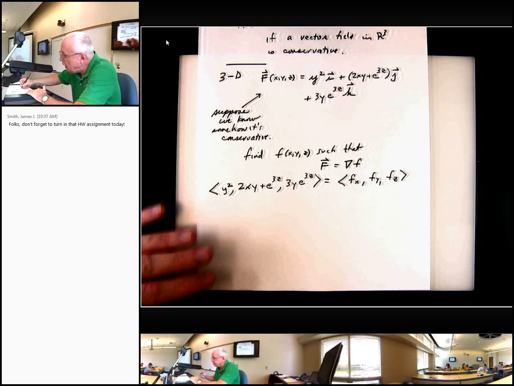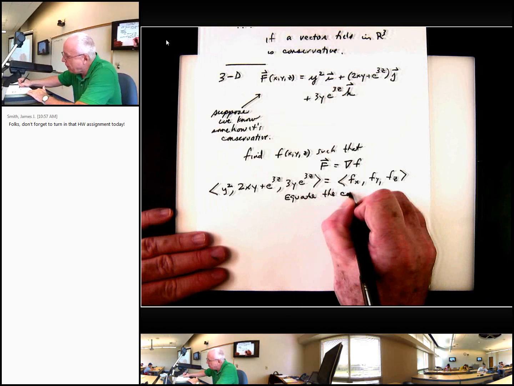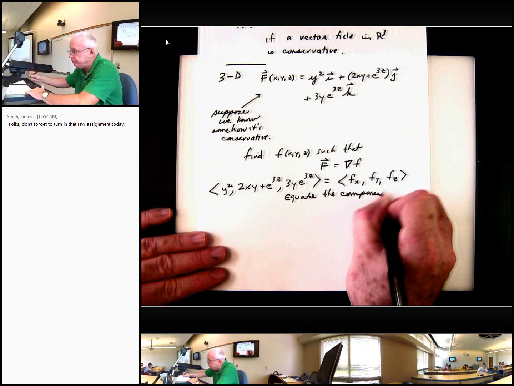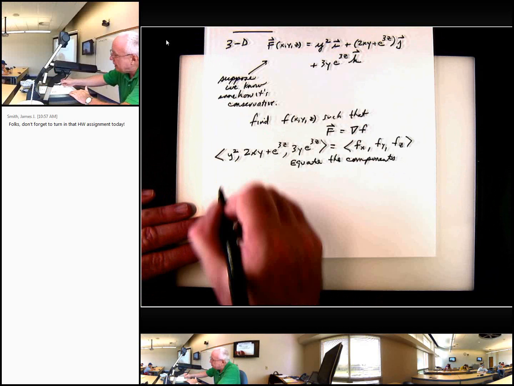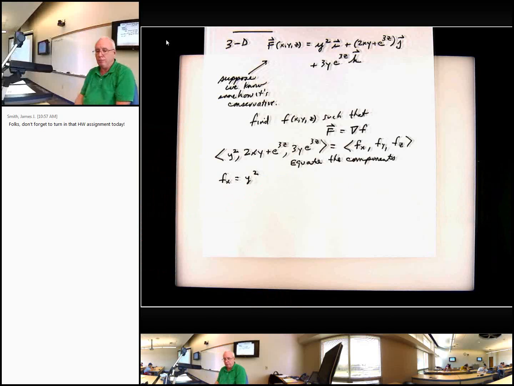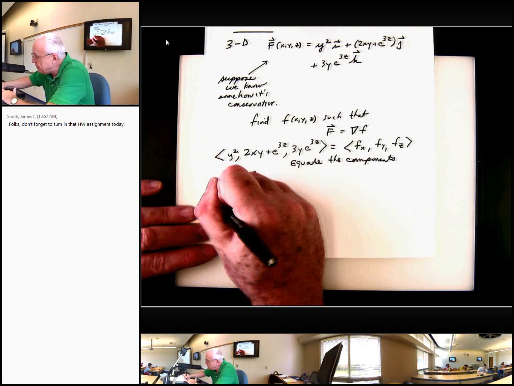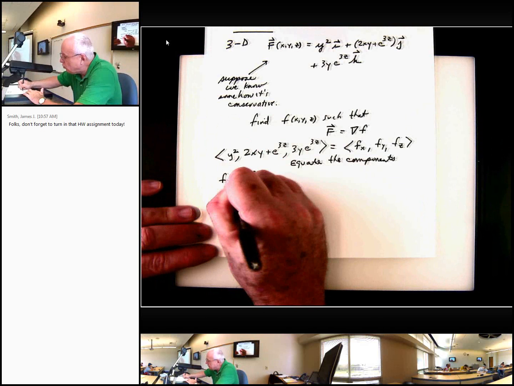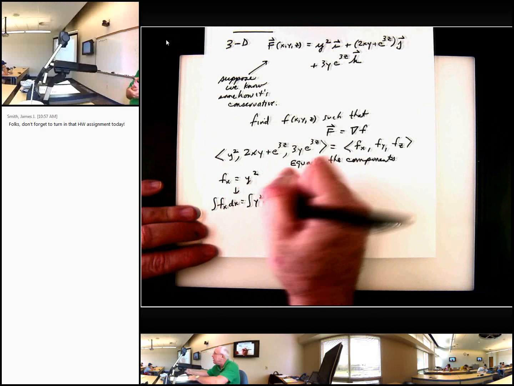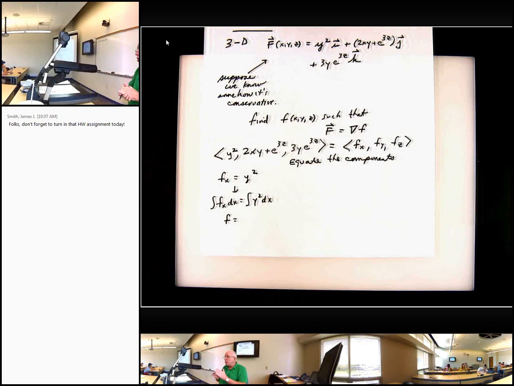Just as before, we equate the components and we do partial integration. So let's do the first component. We have fx is equal to y squared. What we want to do is integrate both sides with respect to x. The left side gives us our little f function.